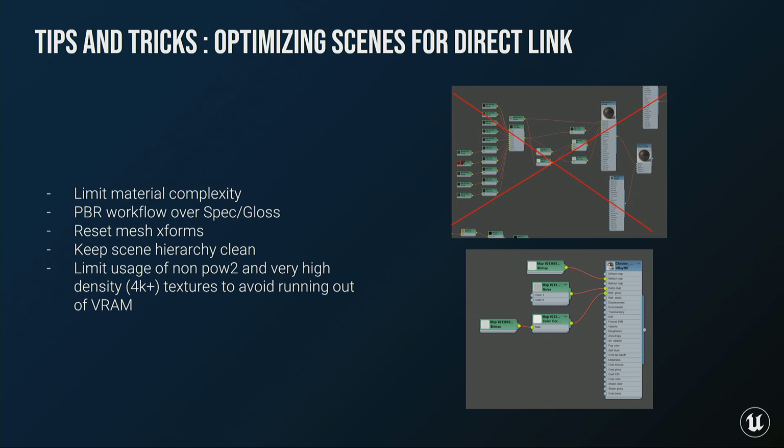Every time you do a custom mesh pivot and you don't do a reset XForm, it's going to create an actor, and this actor will have a component. So instead of a static mesh actor, it's going to create an empty actor with a mesh component, and the pivot is going to be on the mesh component, not on the actor. That can be confusing for users because sometimes you want to select all the actors and change a rotation at runtime.